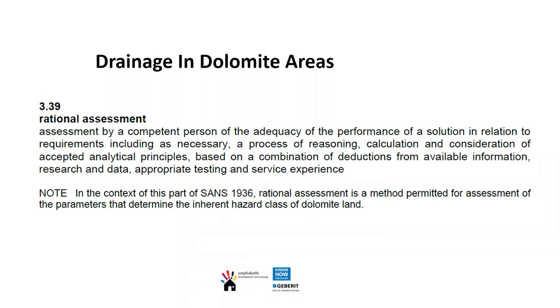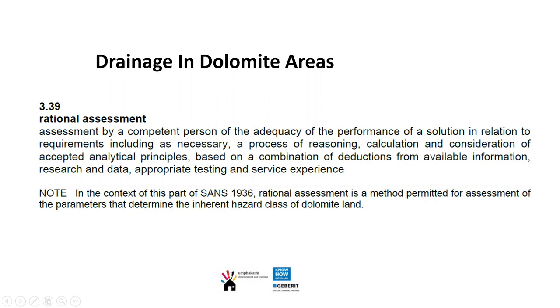So a little bit about the SANS 1936. It's quite a long document, so I've just pasted a whole lot of the pages, and I've highlighted areas that are important or relevant to what we're talking about. When we talk about a rational design, we often talk about the competent individual, and who is a competent individual.